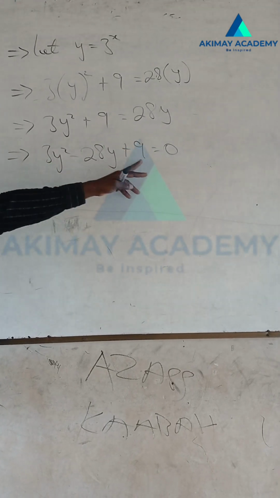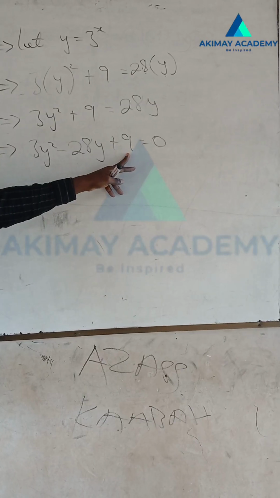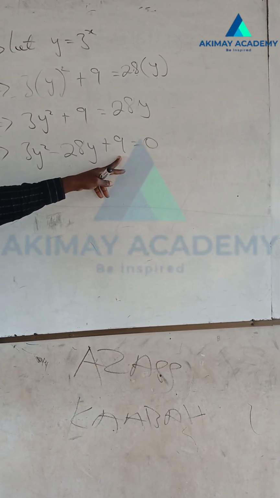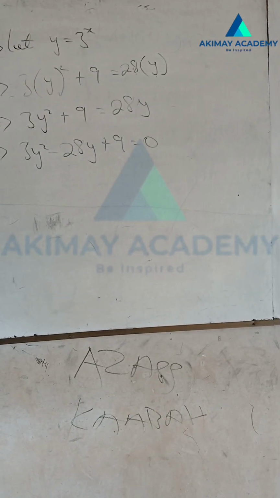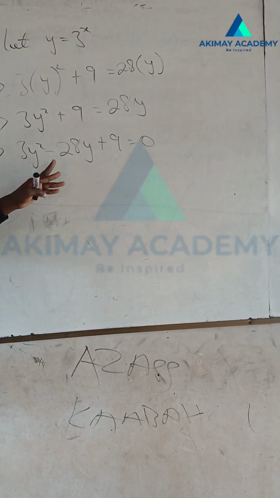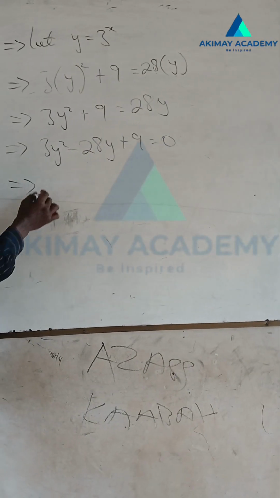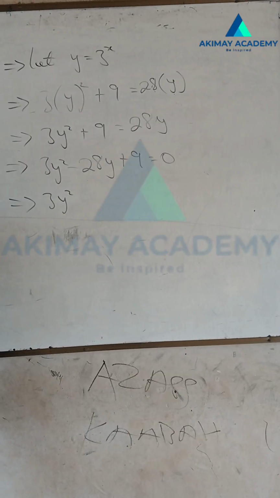So over here, let's look at factorization. 3 times 9 gives us 27. So we are looking for two numbers: when you multiply, you get positive 27, and when you add, you get minus 28. And this one is going to be minus 1, minus 27. So in this case, we are going to have 3y squared.